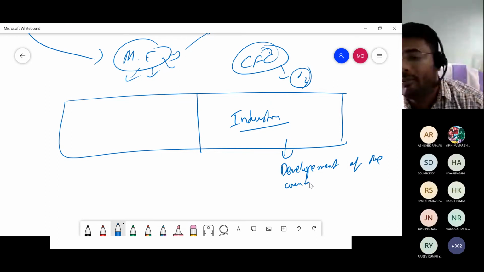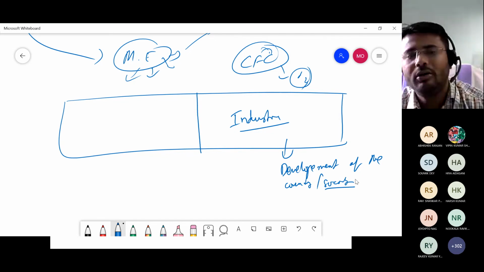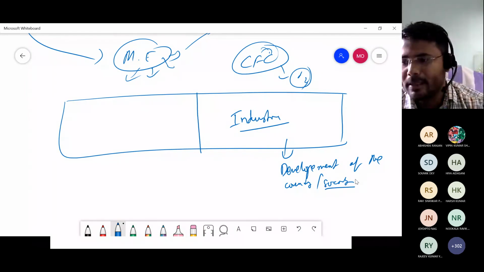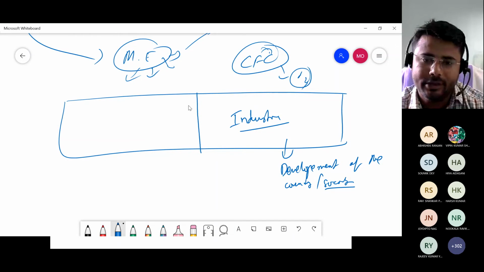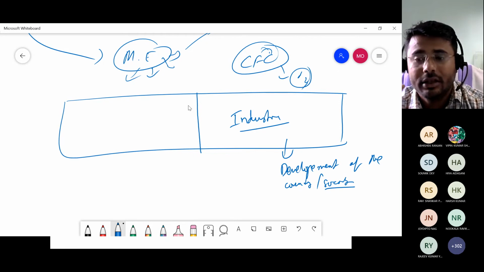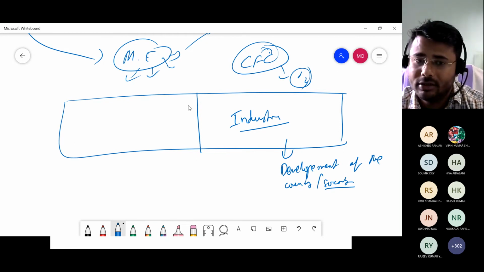Society will develop whenever an industry comes. Understood? For example, we have seen 2G, 3G, 4G, and now 5G is coming. Why is this development in industry happening? Because the need is there, right? That development is required in order to develop the society.